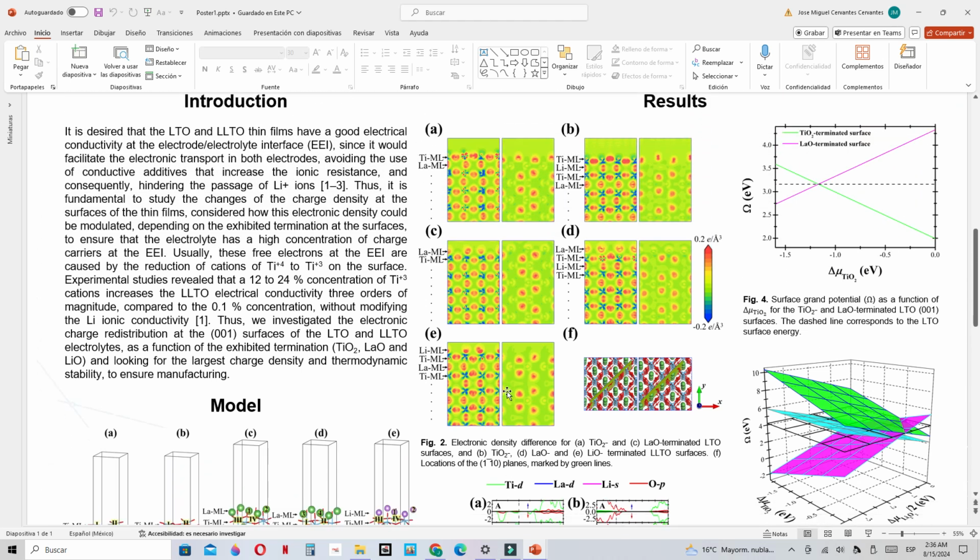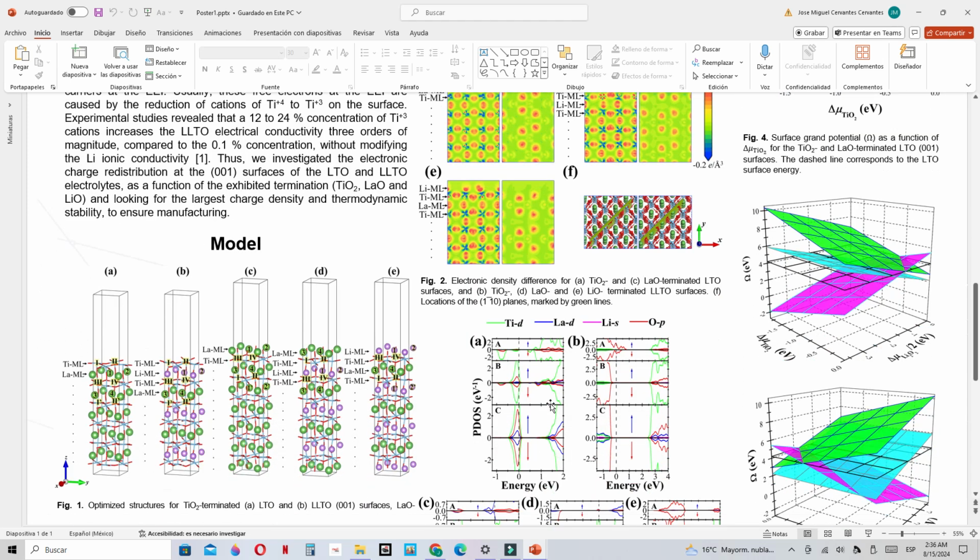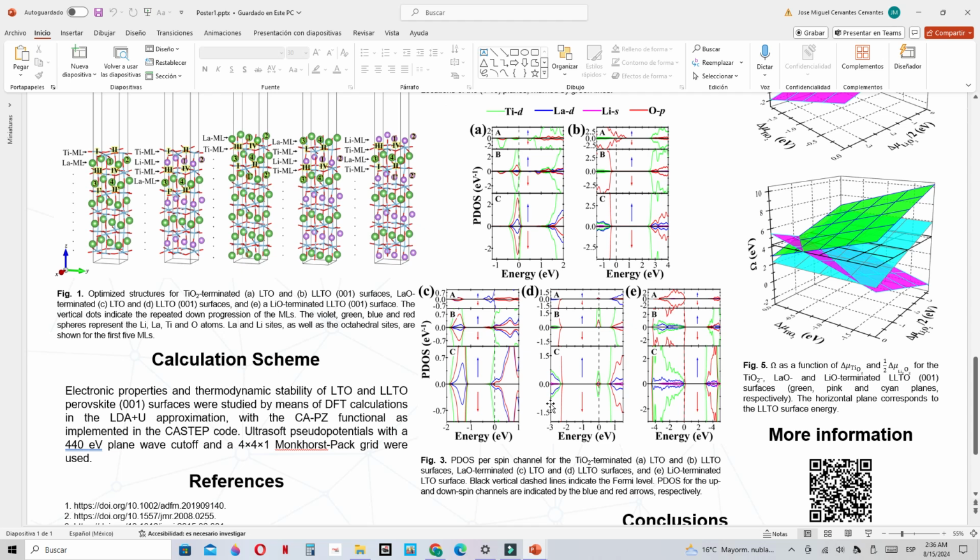Results. In Figure 2, it shows the electronic density difference for different terminations studied in this work. In Figure 3, the partial density of the electronic states per spin channel is presented for the LTO and LTO perovskite 001 surfaces.